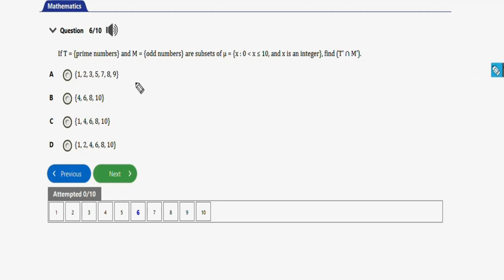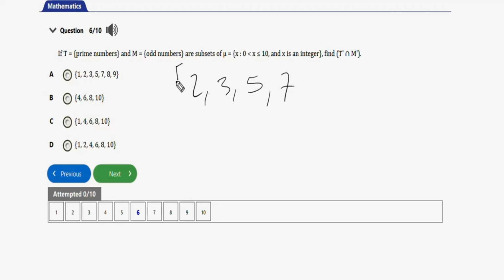Prime numbers between 1 and 10: guys, know that 1 is not a prime number, 1 is just an odd number. So the prime numbers between 1 and 10 are 2, 3, 5, 7. 9 is not a prime number.